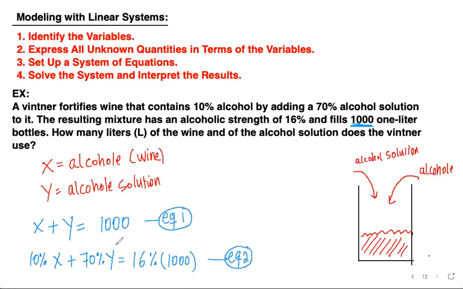Now I can set up these equations and make them nicer. Instead of 10% like this, I have to make it numbers. So my first equation will look like X plus Y equals 1000.